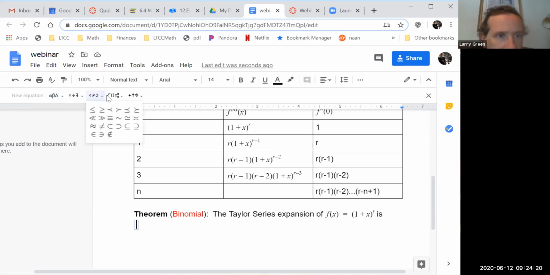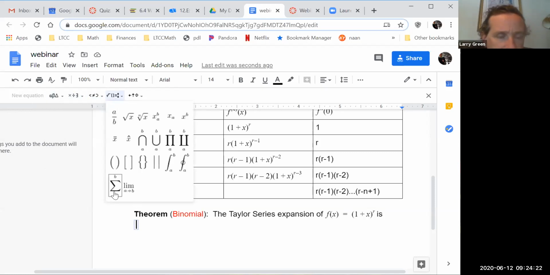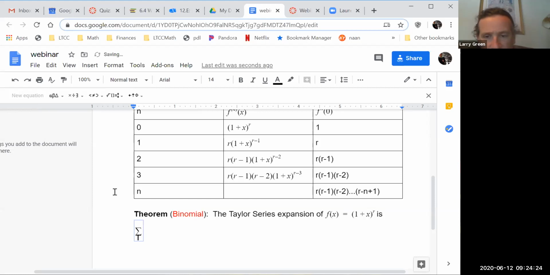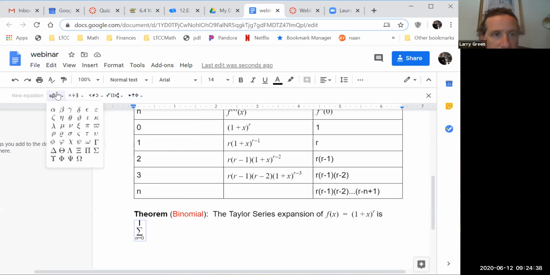As usual, we can go n equals 0 up to infinity, because that's how Taylor series works.